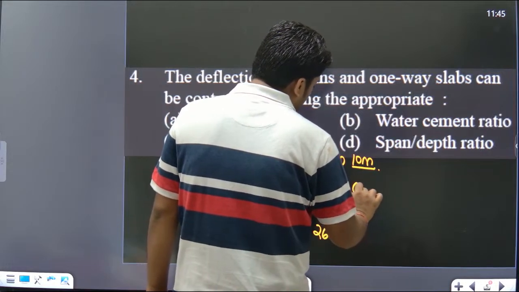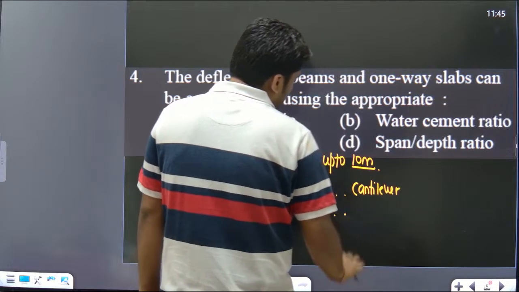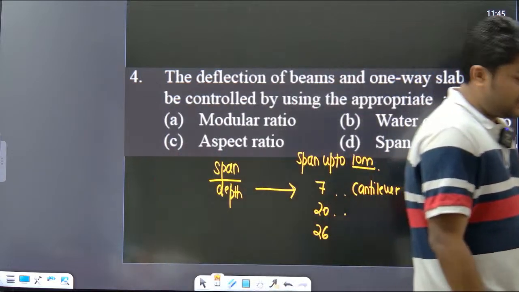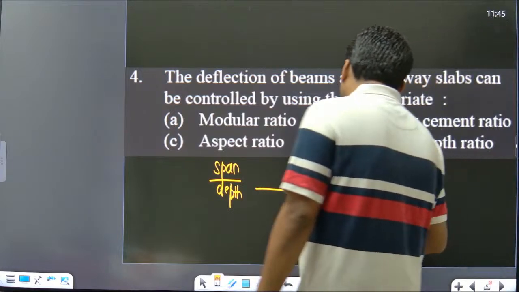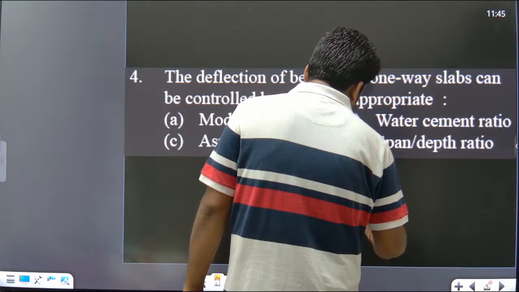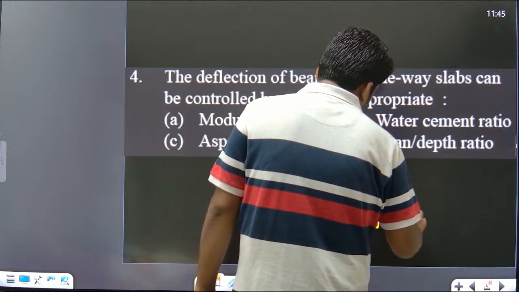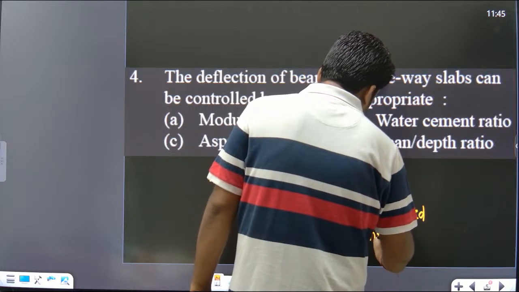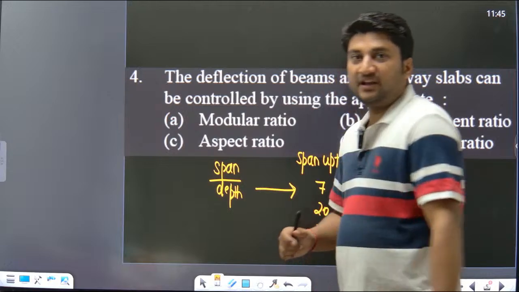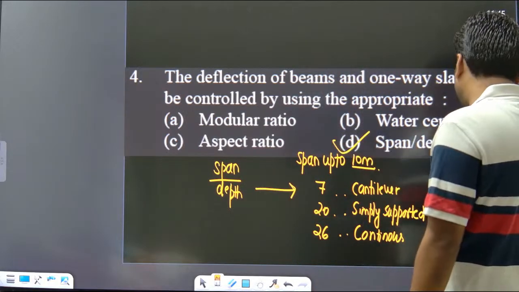So 7 is for cantilever, 20 is for simply supported and 26 is for continuous. Understood everyone? I hope it is clear. We'll move towards the next question. So span by depth ratio is the correct answer.